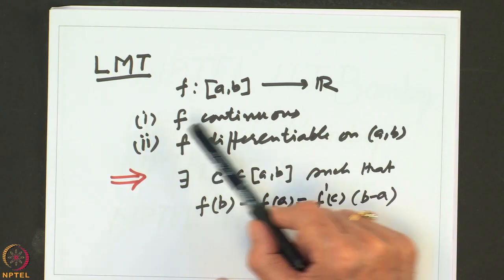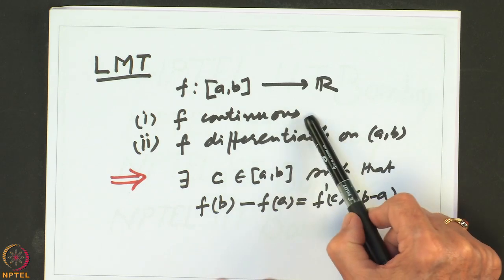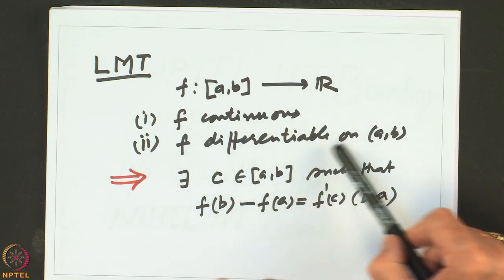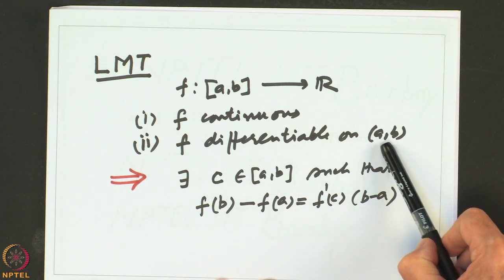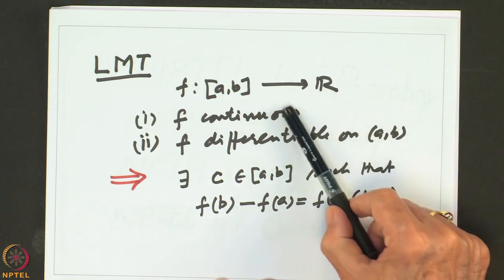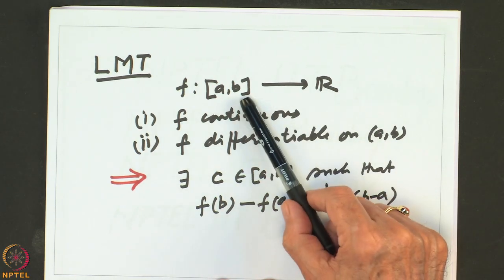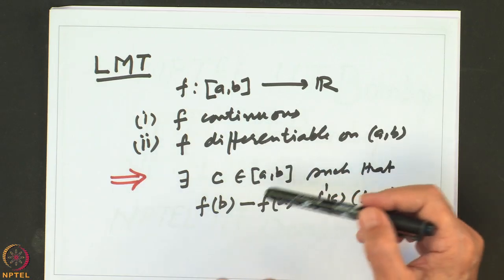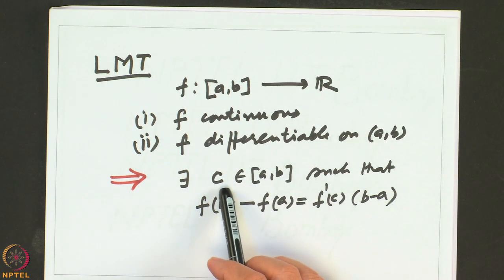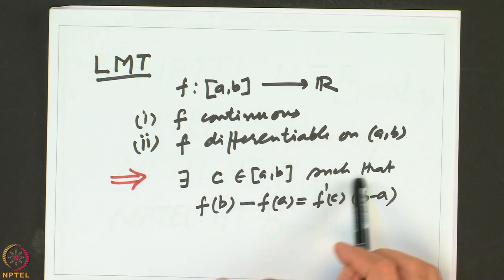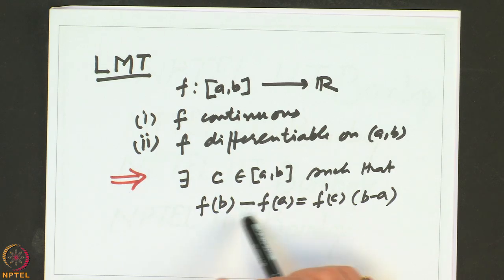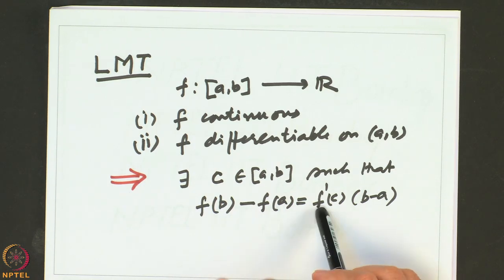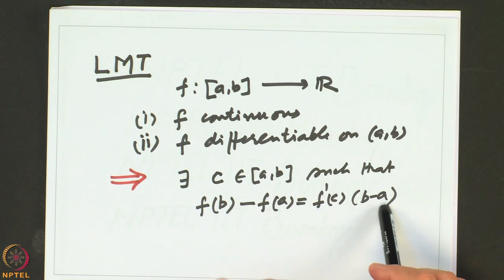One, f is continuous on the closed bounded interval [a, b], and two, f is differentiable on the open interval (a, b). If these two conditions are satisfied, then Lagrange's mean value theorem says there exists a point c belonging to (a, b) such that the difference f(b) minus f(a) is equal to f'(c) into (b minus a).